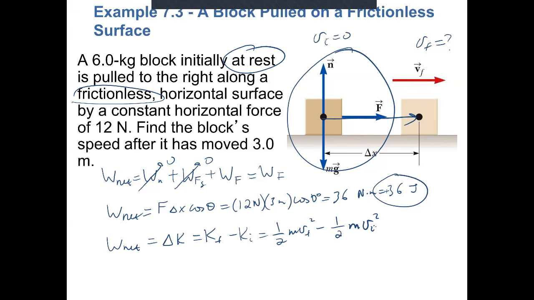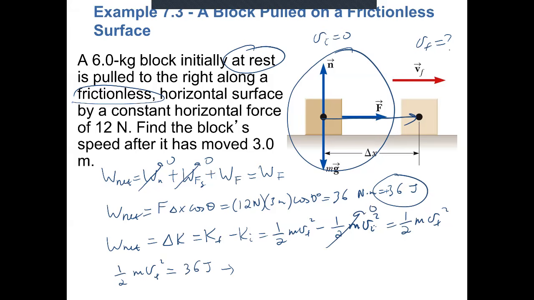But because there is no initial velocity, this entire term is 0. That means the net work done here is just 1/2 m v final squared. I switch the sides, so 1/2 m v final squared equals the total work done, which is 36 joules.